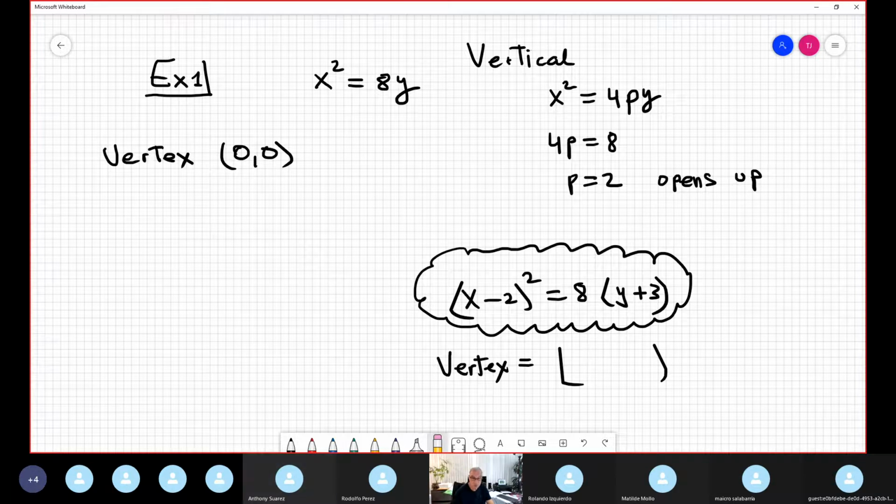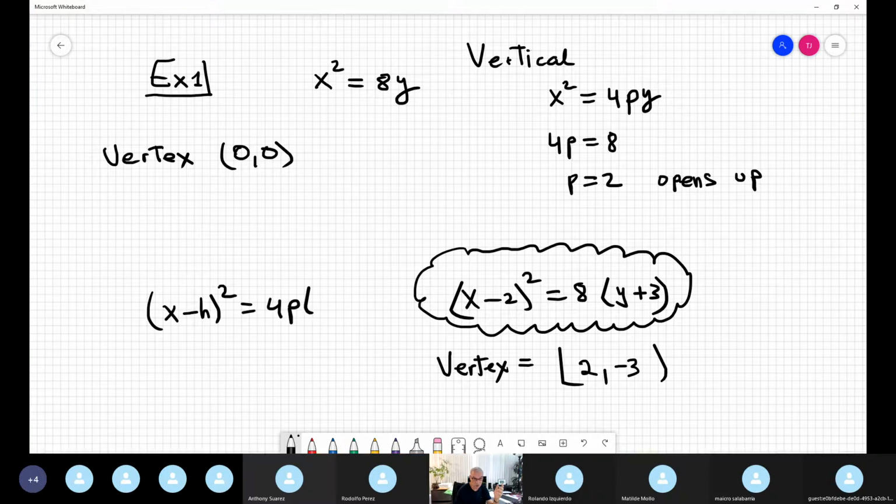Very well. And k is -3. It's a similar idea, opposite sign, because my standard form is (x minus h) squared equals 4p (y minus k).